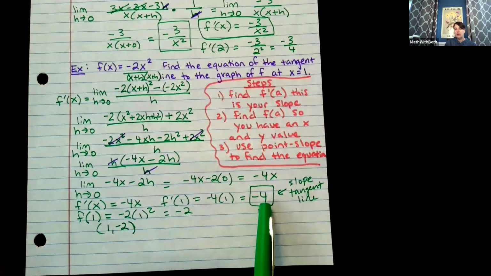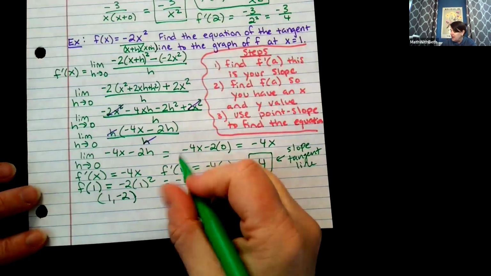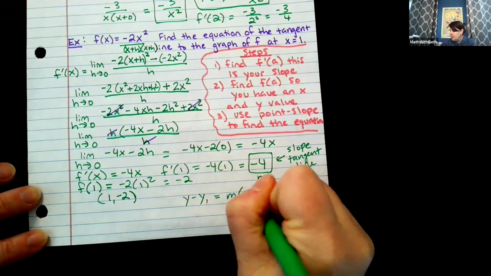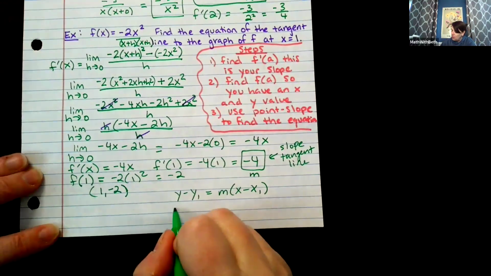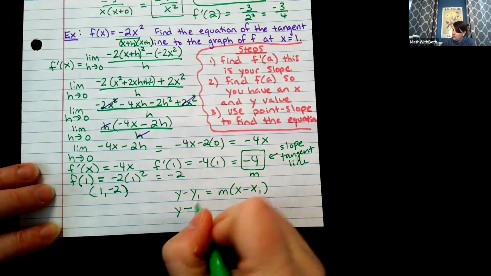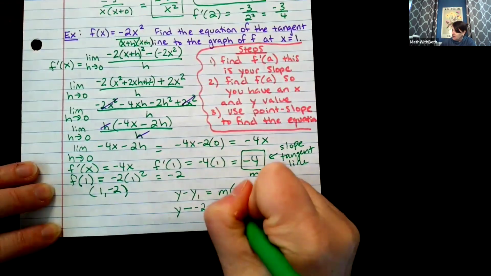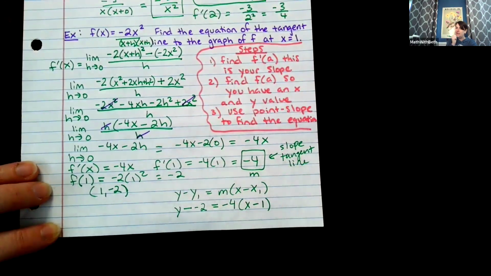So if you have your slope and you have a point, you can always find the equation by using whatever form you want, but when you have the slope and a point, the easiest way is to use the point slope formula. So y minus the y value, which in this case is negative 2, equals the slope times x minus the x value.